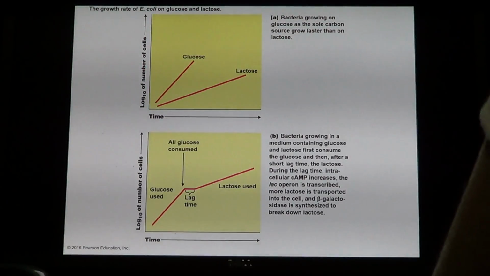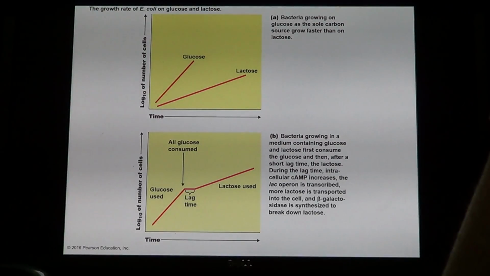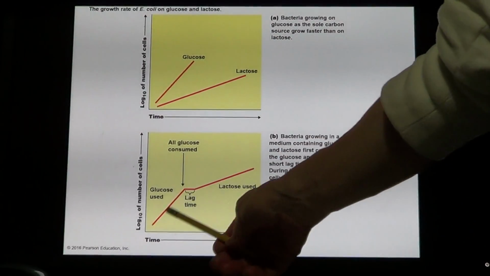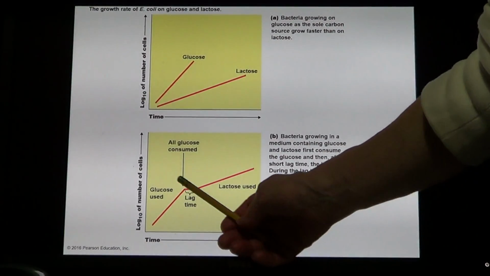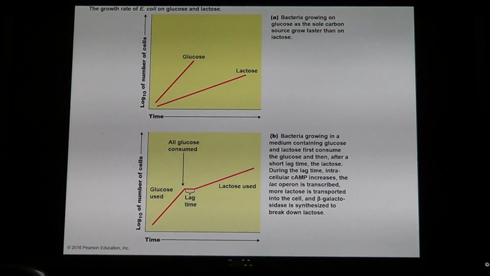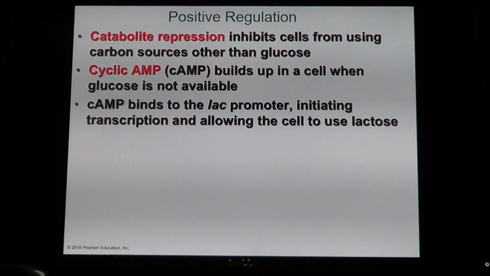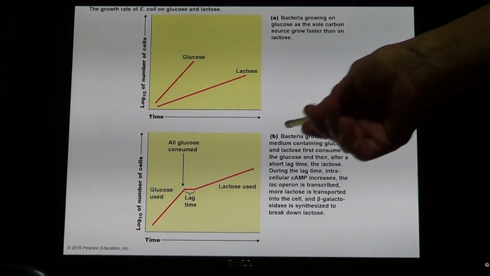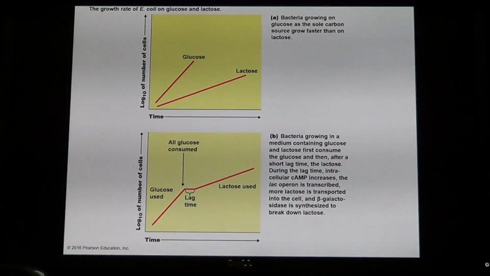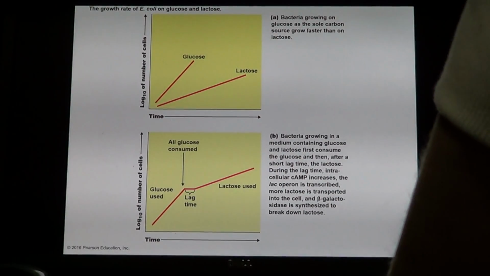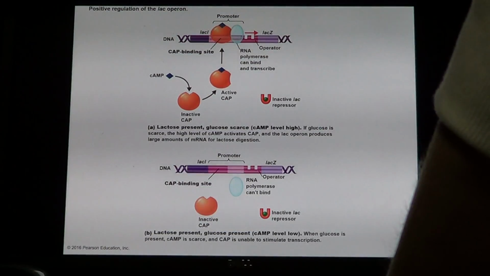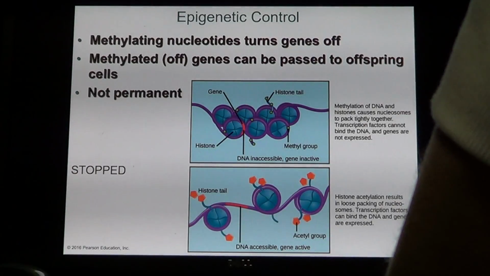This is glucose and lactose utilization by bacteria, and when there is no available glucose any longer, there is a lag time necessary to convert the normal glucose use under catabolite repression to lactose fermentation, which is lac operon induction, and this is how it all happens, and then it's converted to lactose use. This is again the same thing.